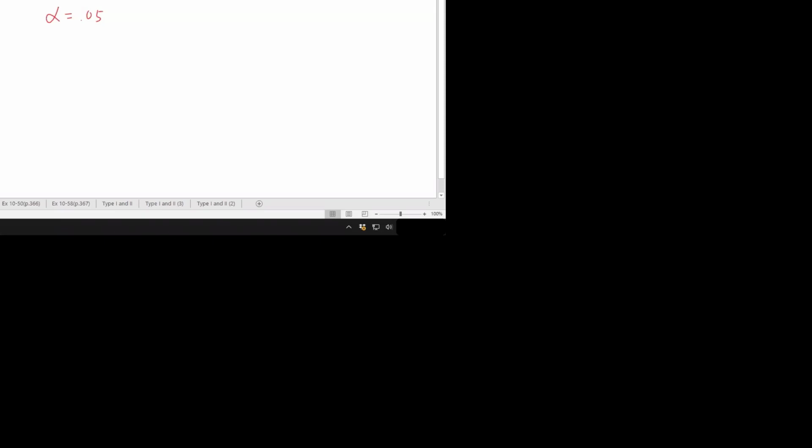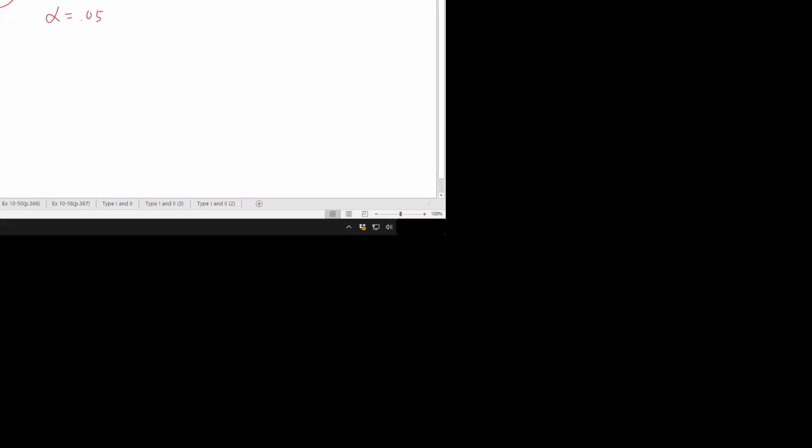How do we set up the hypothesis? Well, we set up the hypothesis based on the given information, the keywords that we converted into a hypothesis statement. So H1 is mu greater than 16, H sub 0, mu is less than or equal to 16.